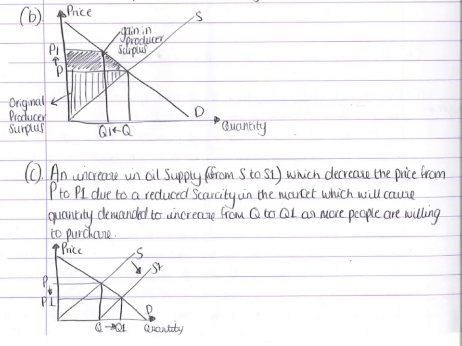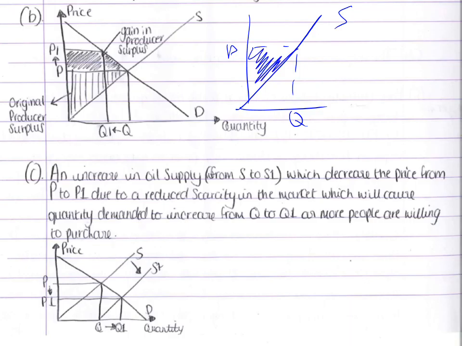Okay, the next question says, using a diagram, show how the producer surplus of Saudi Arabian oil producers changes with an increase in the price. If it's a question on producer surplus, I would always just use supply. And you'll see the reason for this in a second.